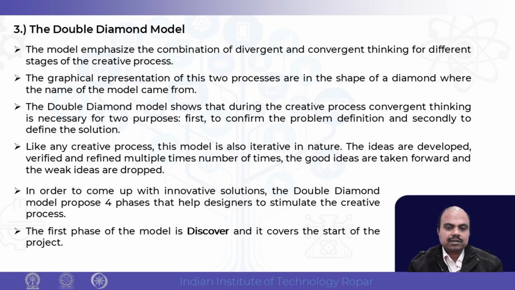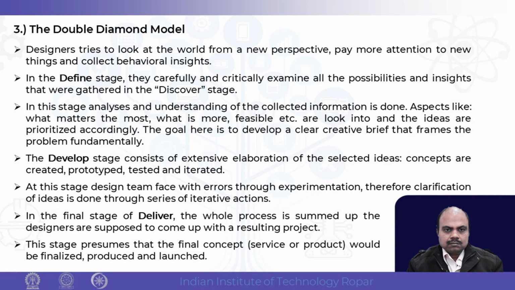The first phase is called discover, and it covers the start of the project. In this, designers try to look at the world from a new perspective, pay more attention to new things.